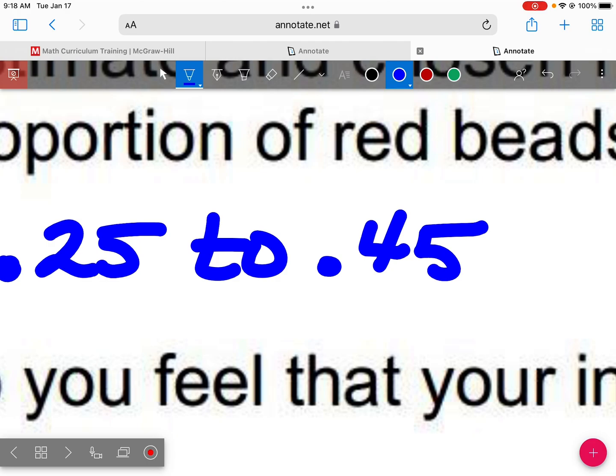What do you guys have? 0.45 to 0.55. Aiden. So 0.405 to 0.495. What do you guys have? 0.45 to 0.85. And last group, what do you guys have? 0.4 to 0.5.